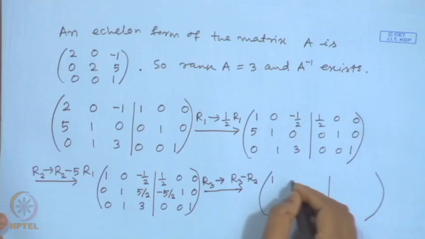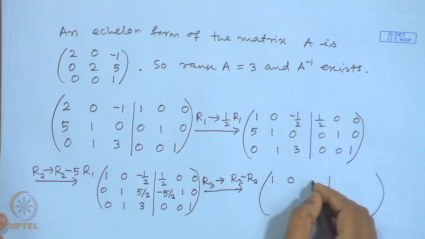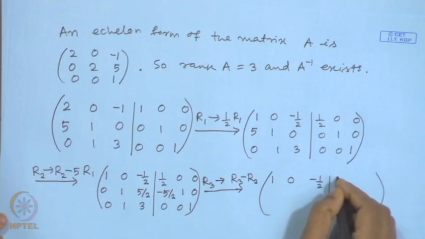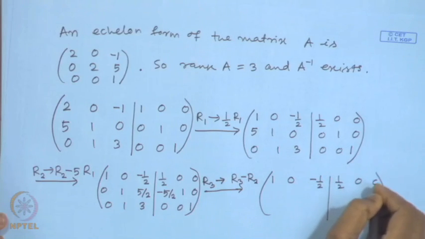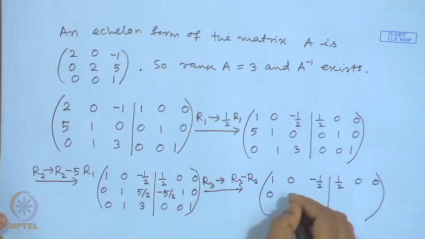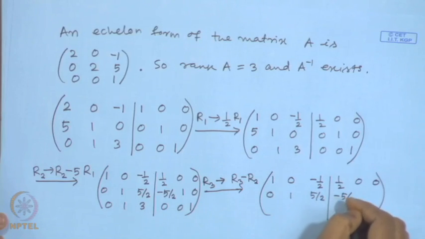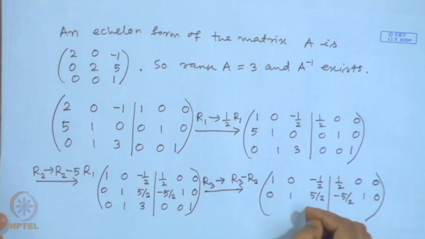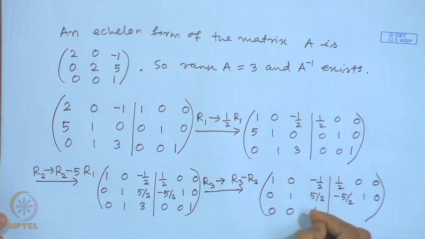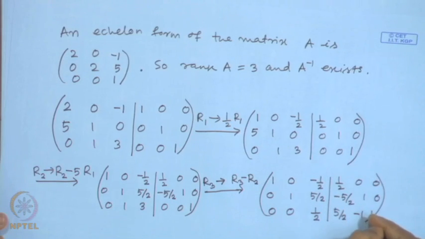So, first row is this 1 0 minus half 0 0. 0 1 5 by 2 minus 5 by 2 1 0. The second row we have kept as it is and this third row will be 0 0 half 5 by 2 minus 1 and 1.